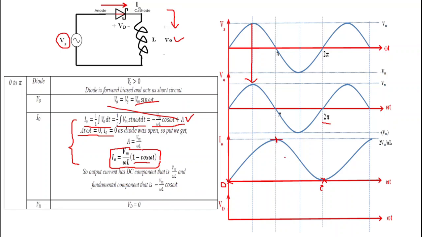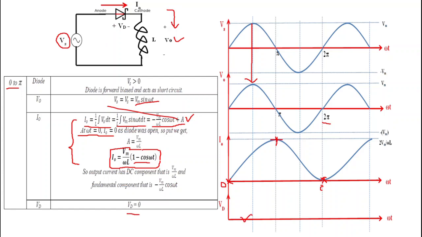First is, we get the maximum value of output current at pi, and we get output current up to 2 pi, and output current is positive from 0 to 2 pi. So from 0 to pi the diode acts as a short circuit, that's why the drop across the diode is 0.